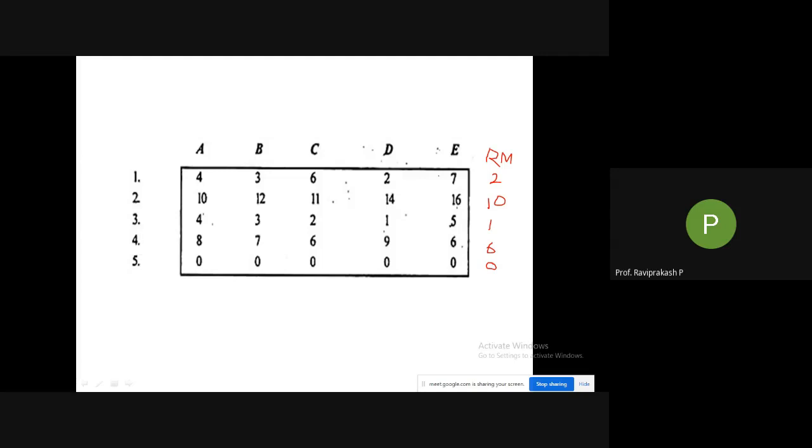So when you finish, tell me the value as well.